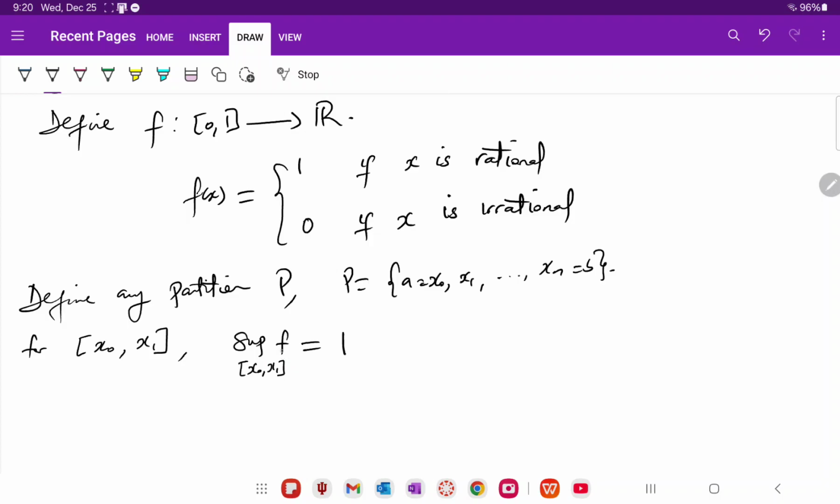So the supremum of the function over any sub-interval of [0,1] will always be 1, and the infimum of f over any sub-interval will always be 0.